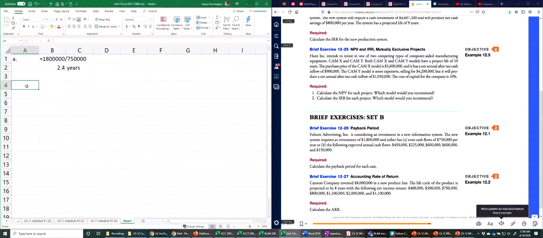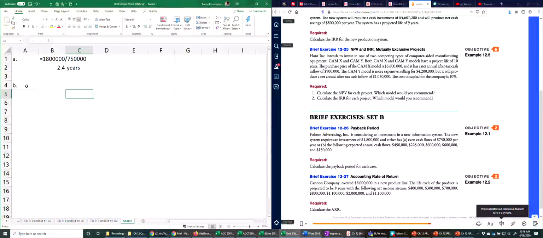Okay, when you don't have even cash flows, there's no simple formula that works. But what we can do is lay out the years. So there's cash flows.